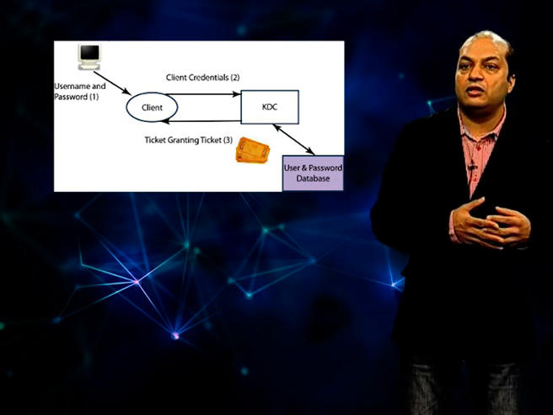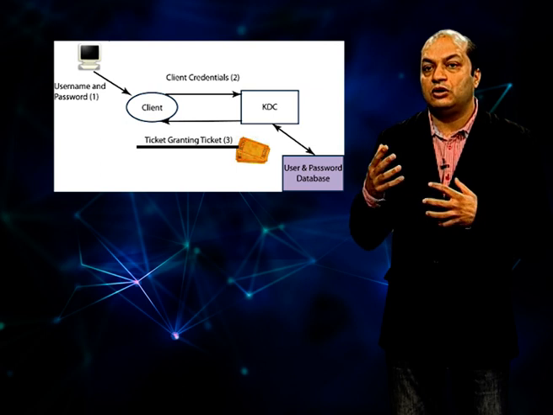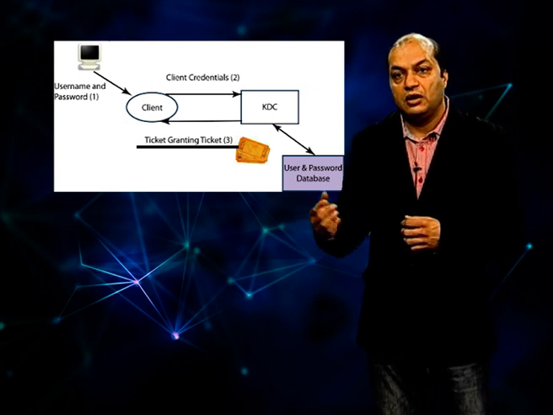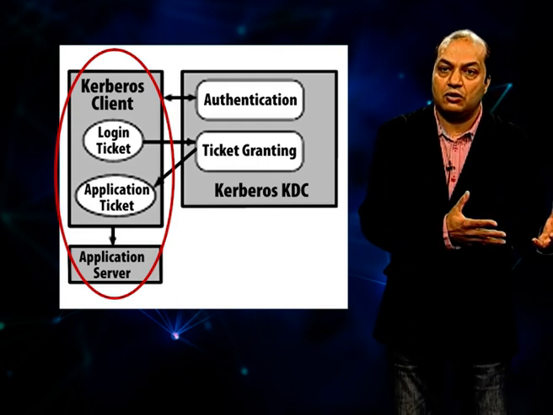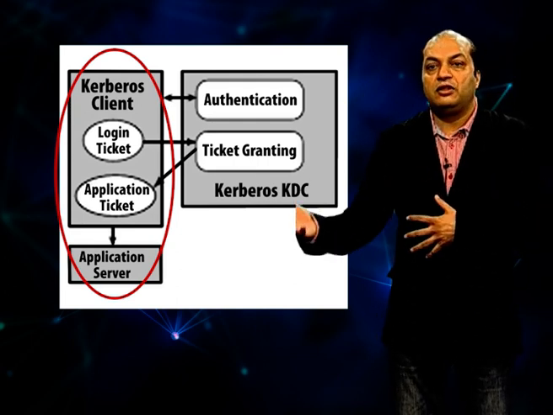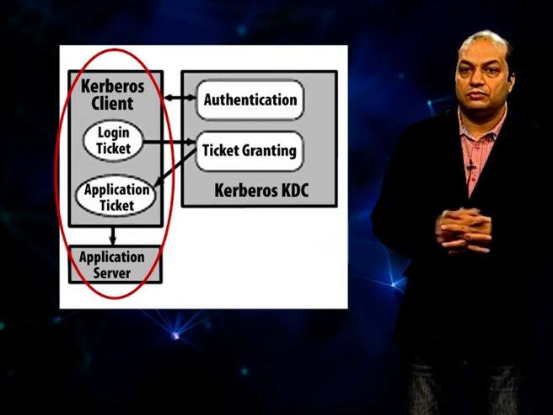In the second phase, the client gets a ticket from the ticket granting server through which he can talk to the application server. In the third phase, the client submits the ticket to the application server and then seeks access to the resource or the service from the server.